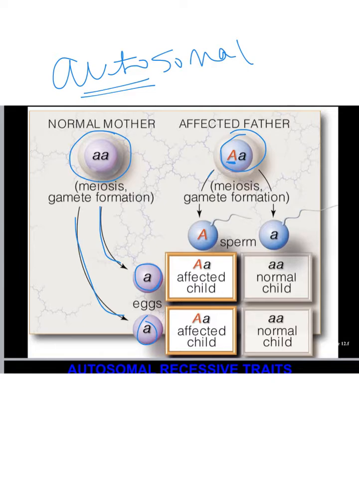During gamete formation in meiosis, he has two possible gametes that can form. He's going to give us the big A, or he's going to give us the little a. When we look at the children, we can fill out our Punnett square. We're going to have a 50% chance of having an affected child and a 50% chance of having a normal child.